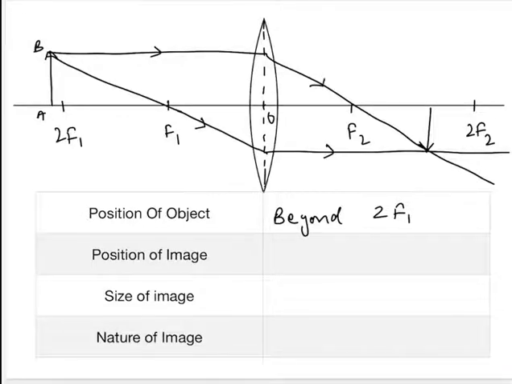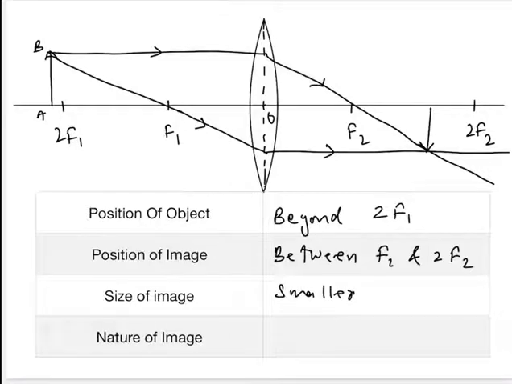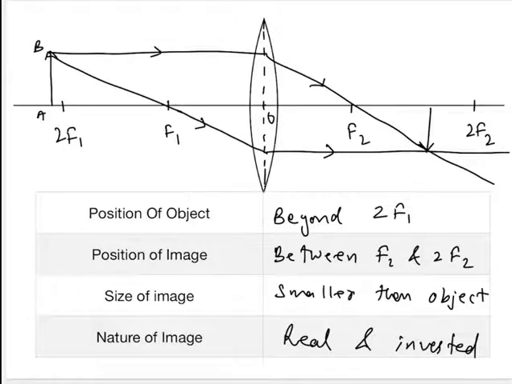Don't forget these arrows, otherwise your marks may be deducted. So image is formed between f2 and 2f2. Size is smaller than the object, and nature is again real and inverted.